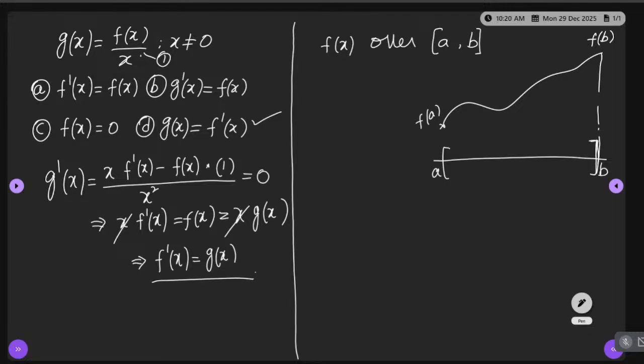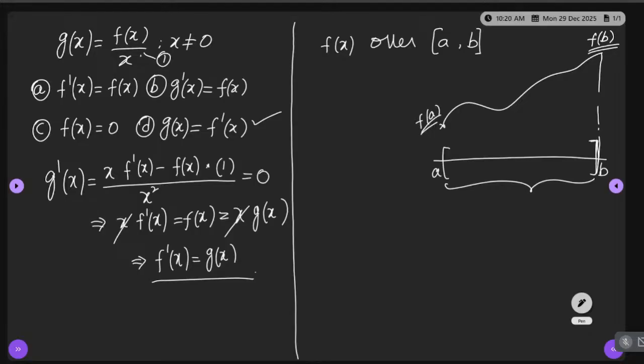Okay, in between A and B, just find all the points where it attains extreme values, either maxima or minima, and include f of a and f of b also.